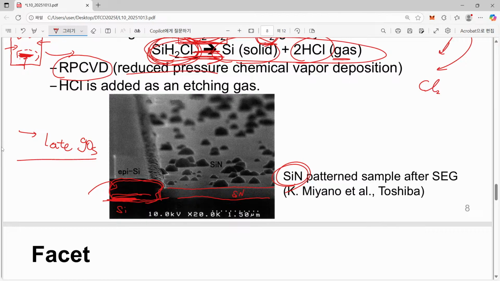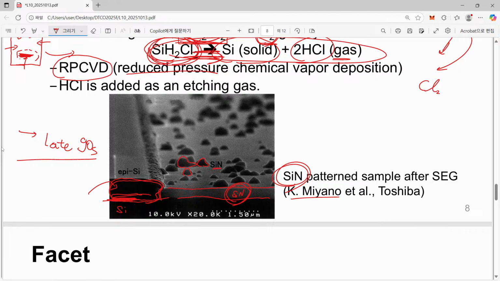However, when you look at the point on top of silicon nitride, even on top of silicon nitride, you can find something. What are they? They are also silicon. These silicon nucleations can be observed especially on silicon nitride.